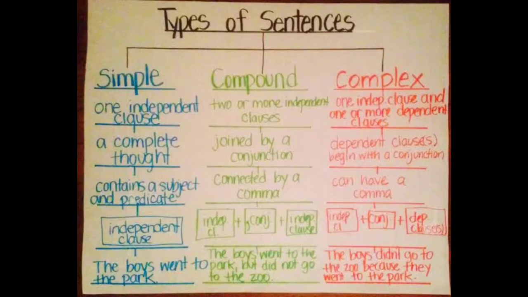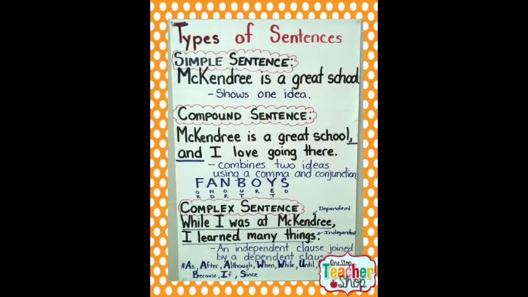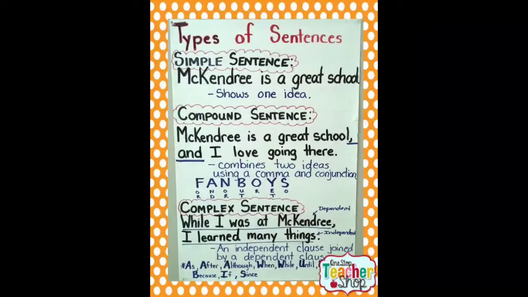Look at the example: the boys did not go to the zoo because they went to the park. So children, now you know all the types of sentences. Look at the examples alone here. First one, for a simple sentence: McKendree is a great school. In a compound sentence, it should be added with a coordinating conjunction.